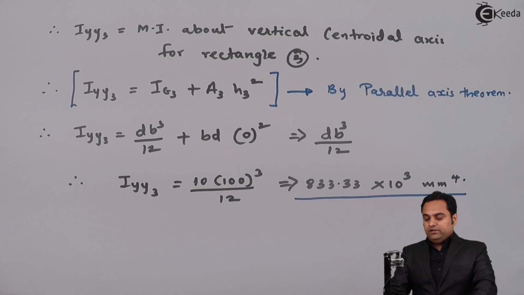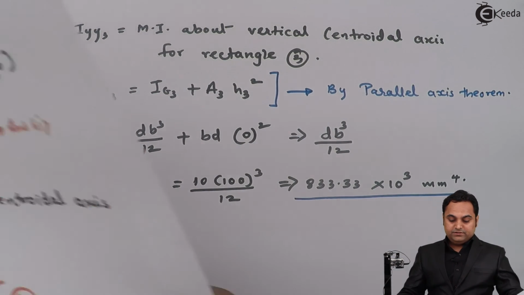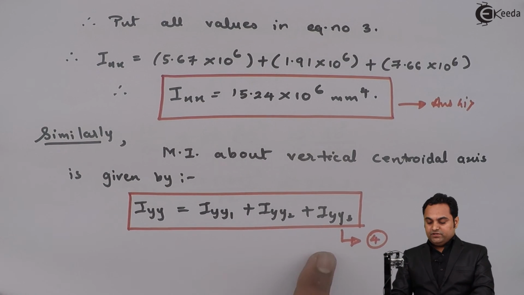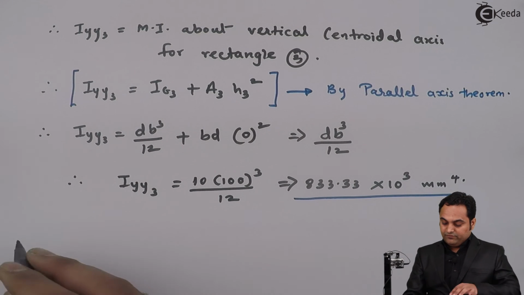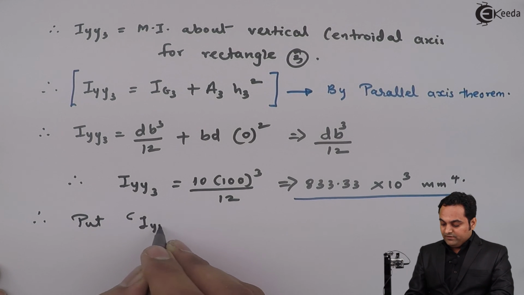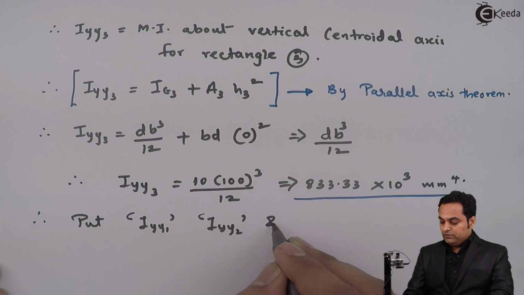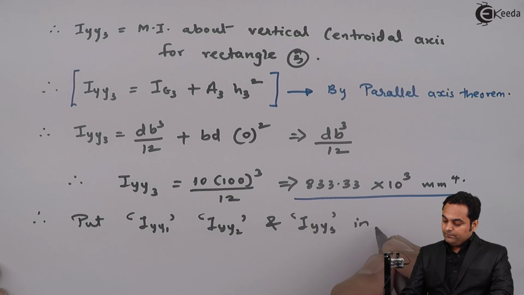After getting all these values, we can put them in equation number 4 to get Iyy. That is, here we have that equation number 4, in which we will put Iyy1, Iyy2 and Iyy3. So therefore, put Iyy1, Iyy2 and Iyy3 in equation 4.